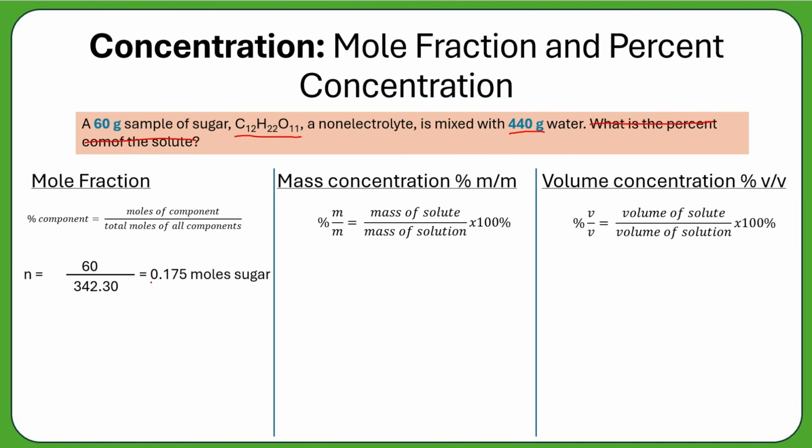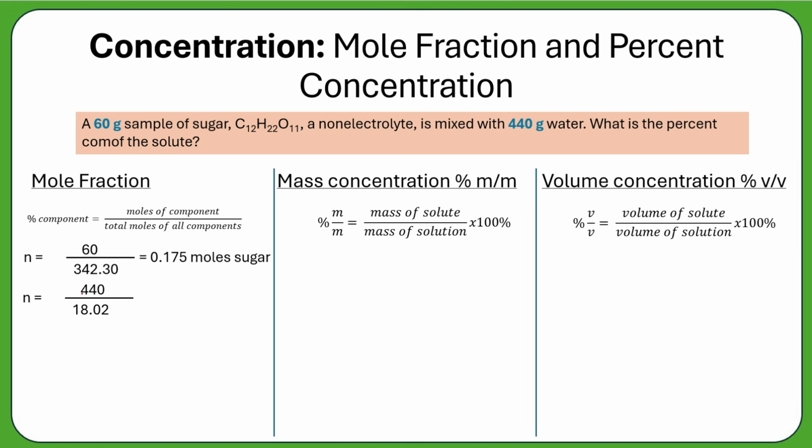So we need to add their moles. To find the moles of the water, we have 440 grams of the water, and the approximate molar mass of water is 18.02 grams per mole. And solving this, we have 24.4 moles of water.